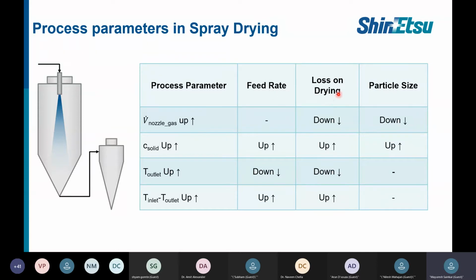Whether it is the inlet temperature or the outlet temperature, the impact can be seen. And mostly in the downstream process, as we say, the particle size. Sometimes whenever the parameters are influenced, you can see there is an impact on the particle size. So all these processing parameters should be taken into account whenever we are using this spray drying methodology.